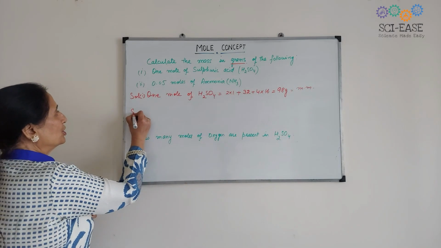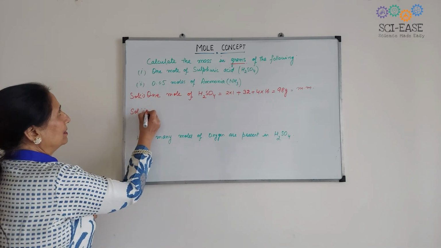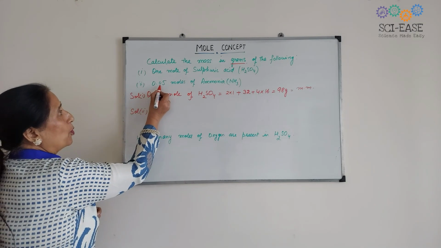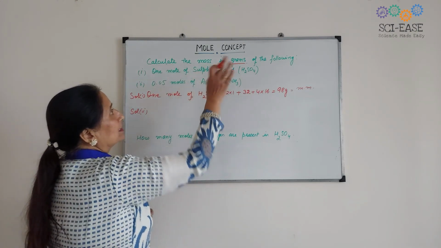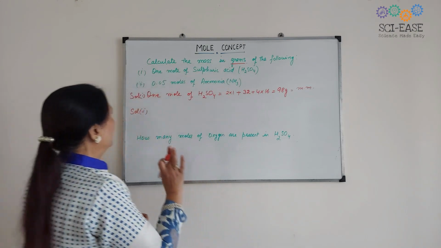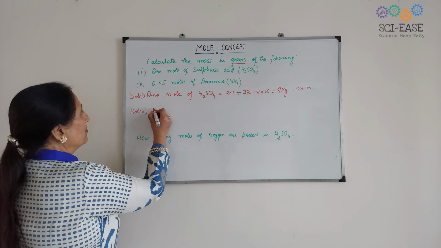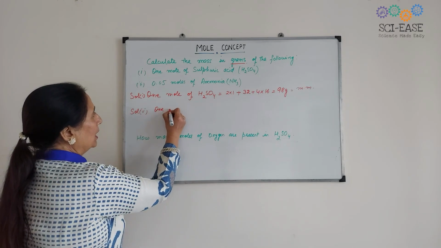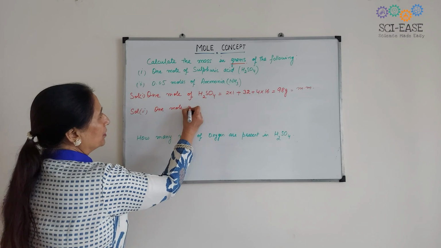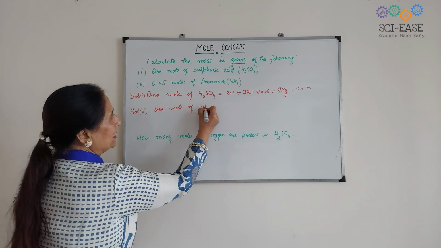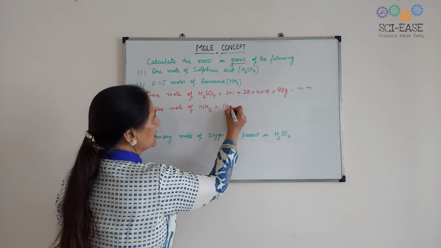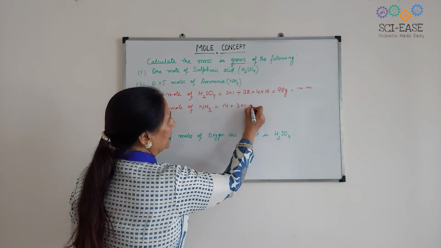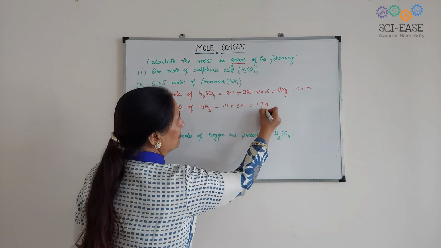Now the solution of the second numerical: 0.05 moles of ammonia. I am to calculate the mass in grams. So 1 mole of ammonia, that is NH3, is equal to 14 plus 3 into 1, which is 17 grams.